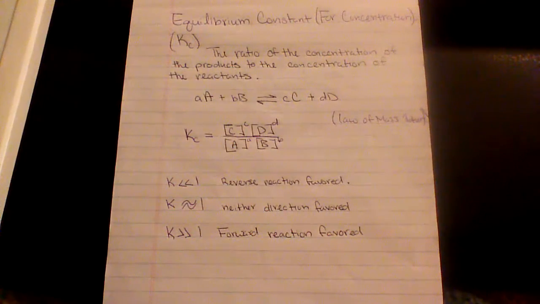Next we're going to touch on the equilibrium constant for concentration. The equilibrium constant for concentration is the ratio of the concentration of the products to the concentration of the reactants.